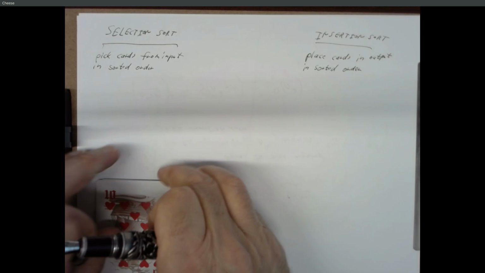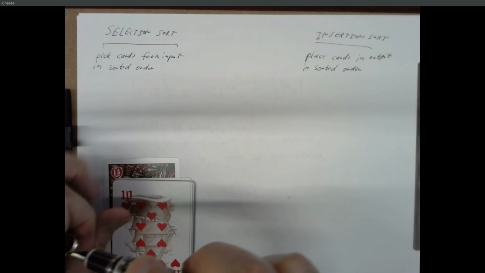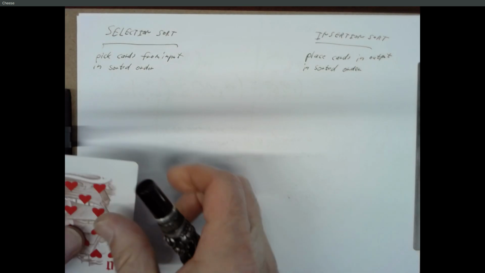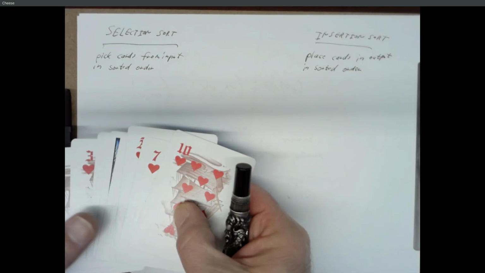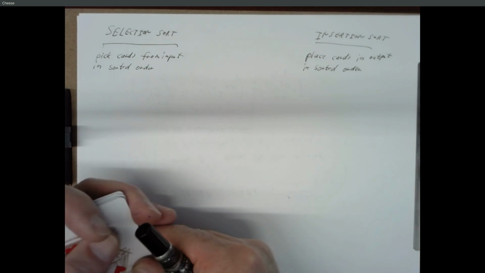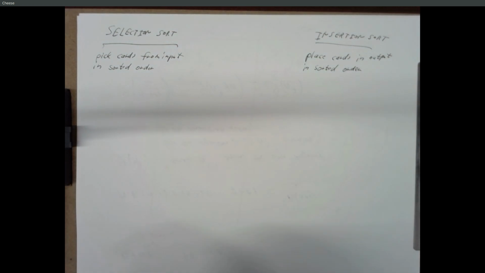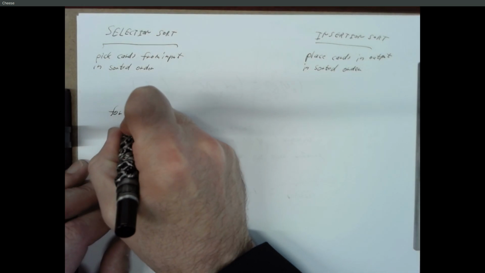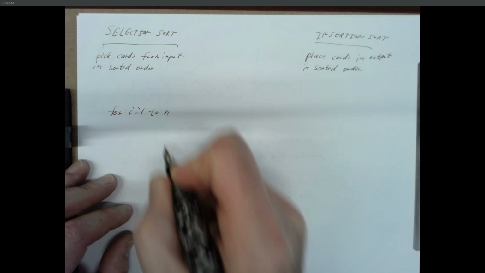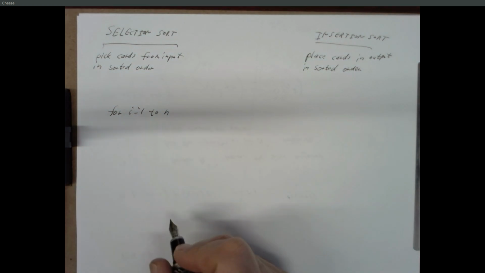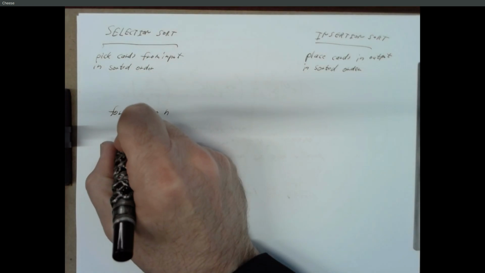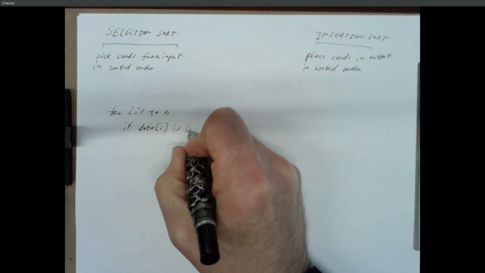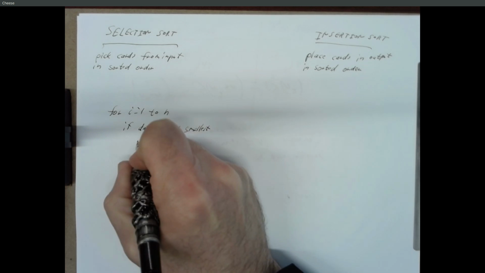So what does a selection sort look like? Each time that we go through the body of this process, we're choosing the next card from our input and then copying it to the output. So our inner loop is something like this, for i equals 1 to n, and n's getting smaller. If data[i] is smallest, remember it.